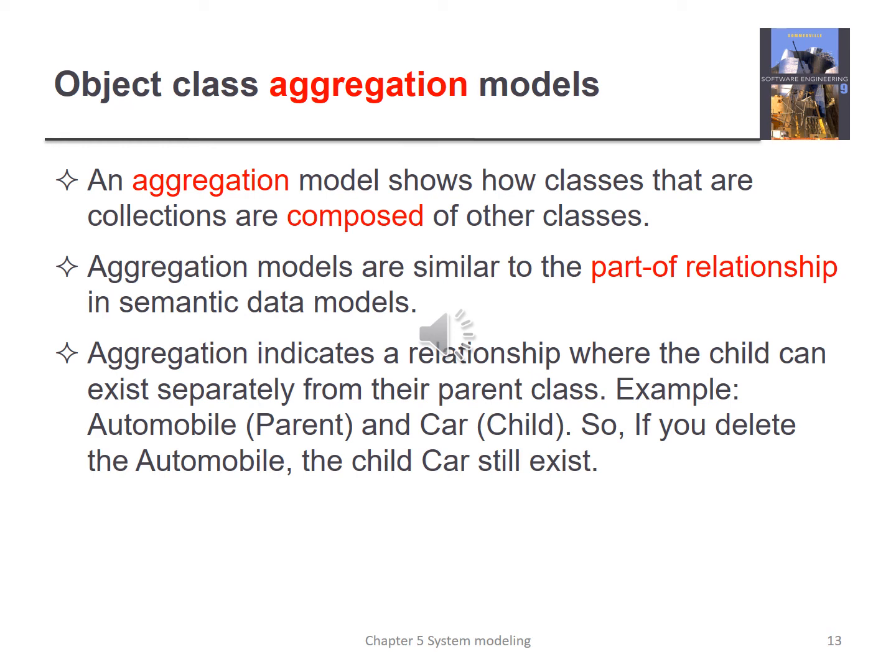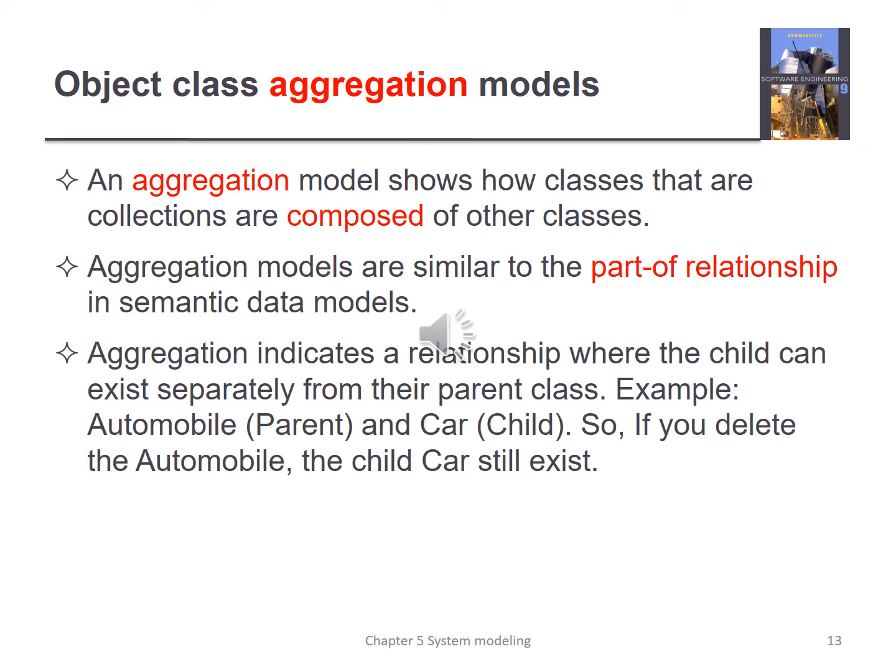An aggregation model shows how classes that are collections are composed of other classes. Aggregation models are similar to the part-of relation, as we just said earlier, that the department is part of the company. Aggregation indicates a relationship where the child can exist separately from its parent class.